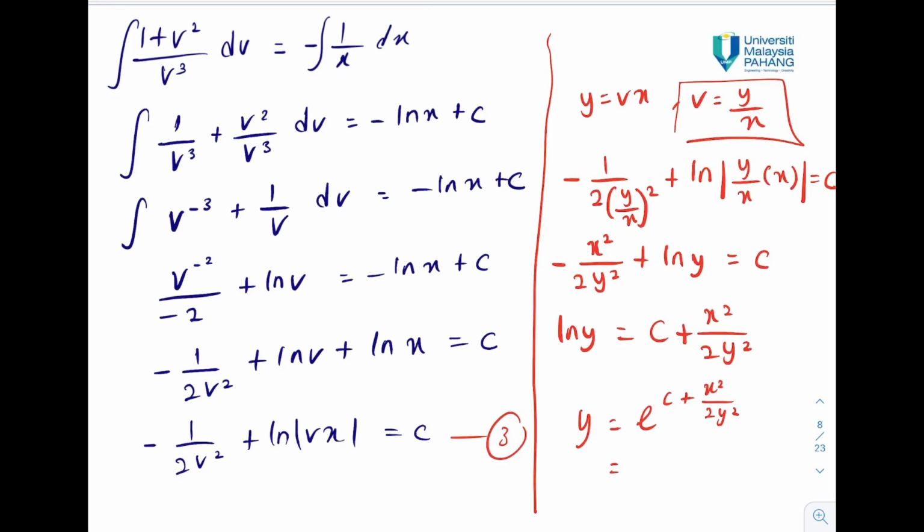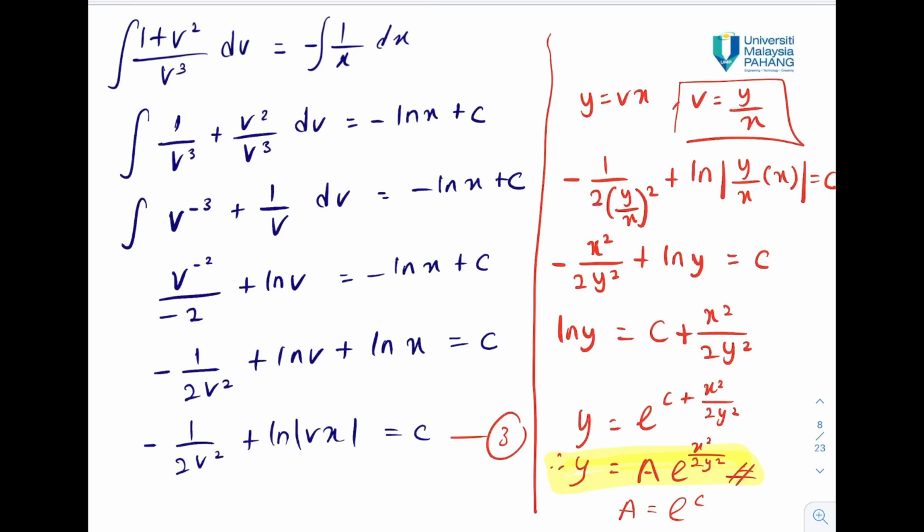We simplify this one: A times e to the power x squared over 2y squared, where A equals e to the power c. So this is the answer. I highlight this one, so this is our answer for this question.